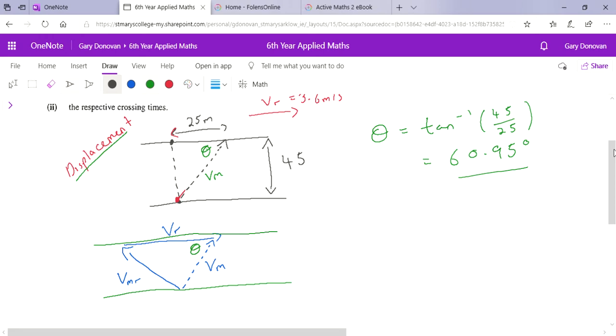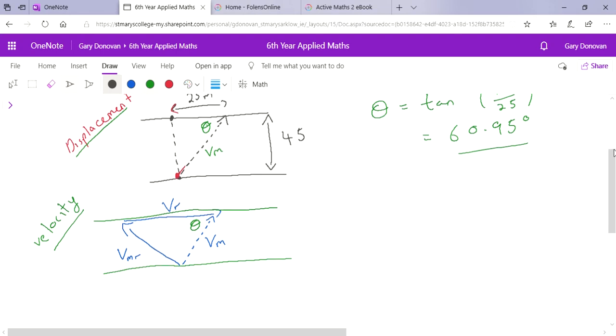That's theta. Now that's the same as this angle here. So the key to this question really is being able to split your diagrams into the velocity one and the displacement one, and to see what angles are the same in each. Now in our velocity diagram we know more information. We know the velocity of the river is 3.6. We know the velocity of the man relative to the river is 3.2. And we're looking for the angle that the man takes when he wants to land 25 meters downstream.